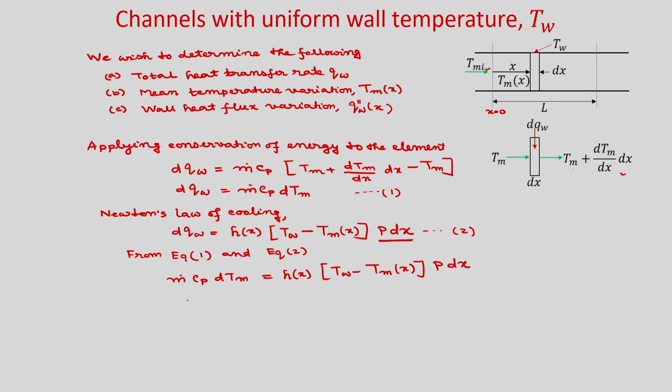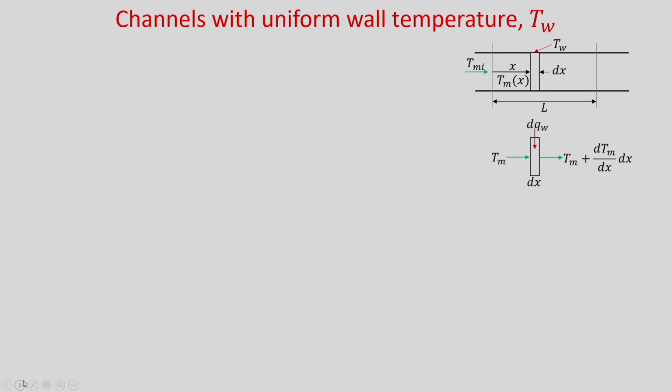Now you rearrange it. So, dT m divided by T w minus T m is equal to P h divided by m dot Cp into dx. Now you integrate it from x equal to 0 to any distance x.